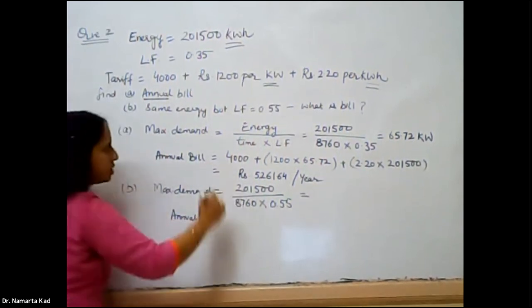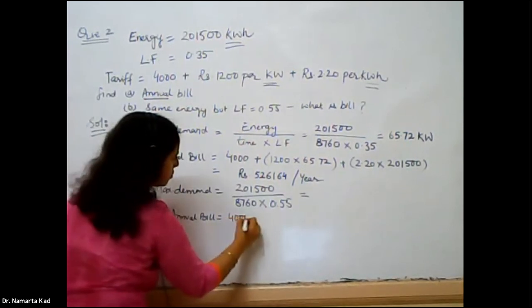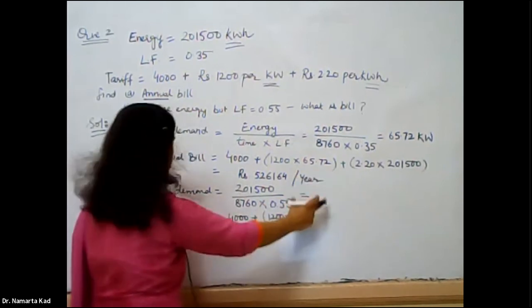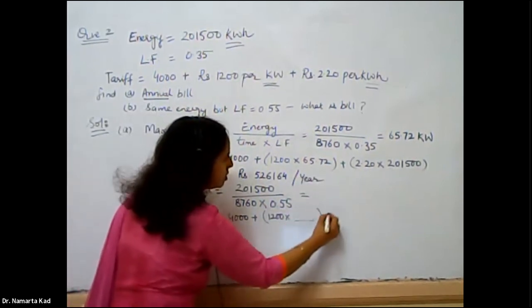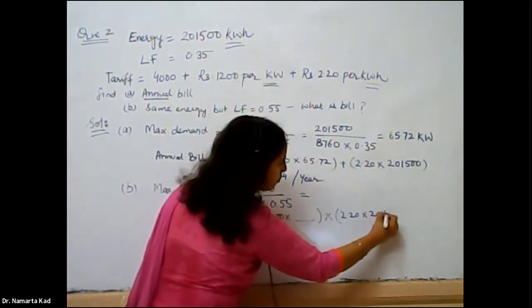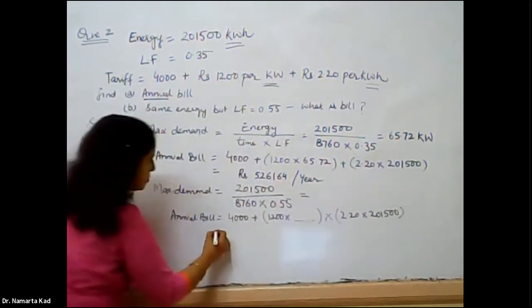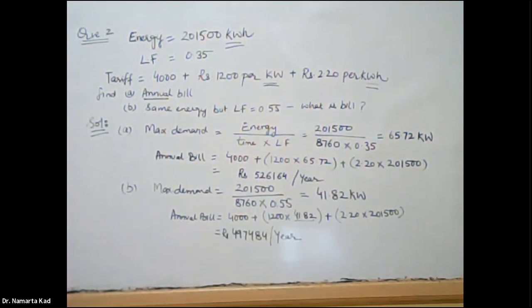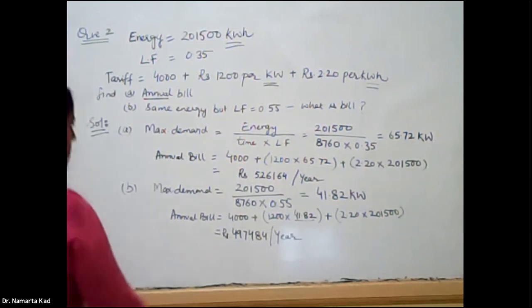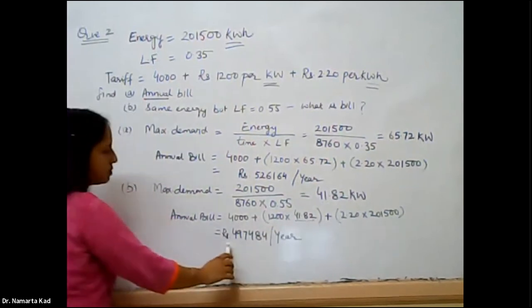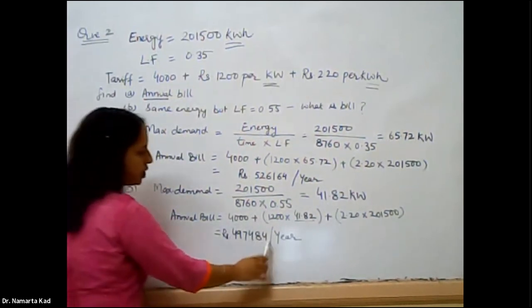So it now comes out to be 4,000 plus 1200 multiplied by the new maximum demand, plus the rate multiplied by the same energy 201,500. Okay. So the maximum demand comes out to be 41.82 kilowatt. Let's put down this value here, and the answer for this comes out to be rupees 497,484 per year.